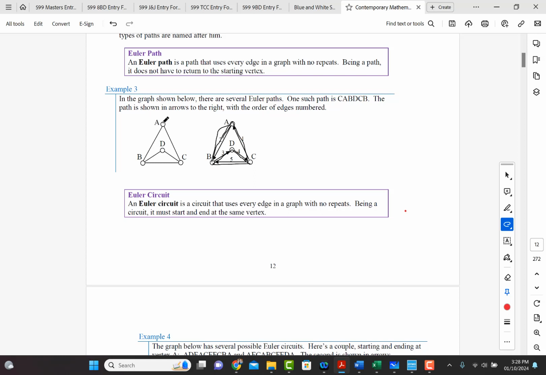If I start at B and go up here and then down here, I'm going to end up going over BC twice. So it doesn't seem like you can have an Euler circuit with this one, which is interesting.